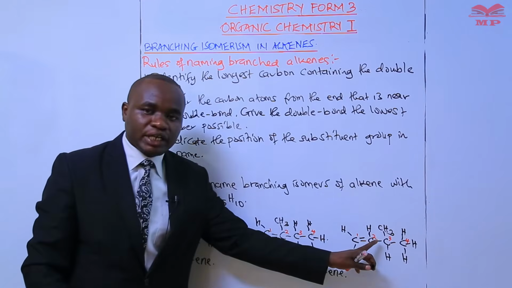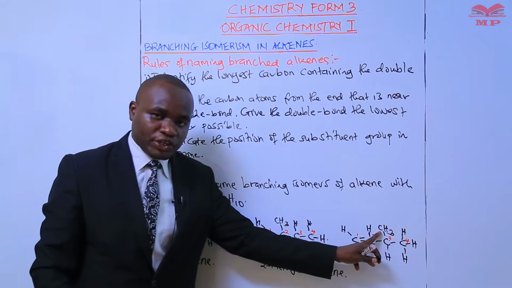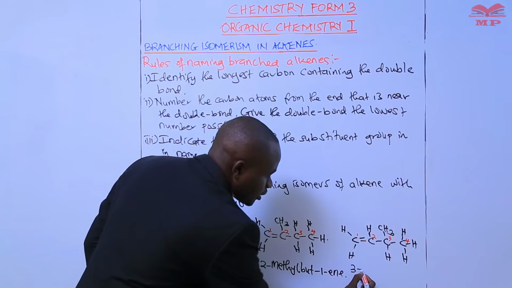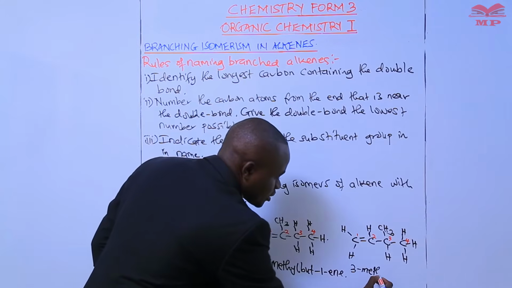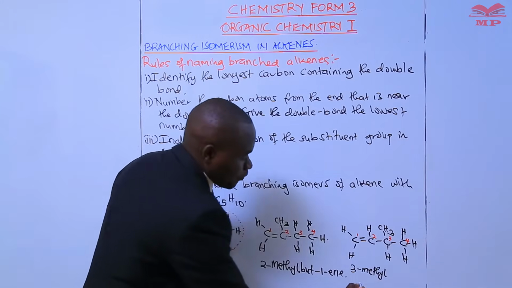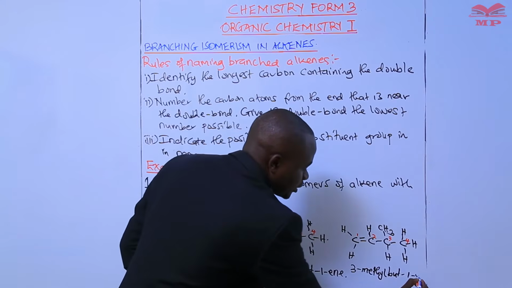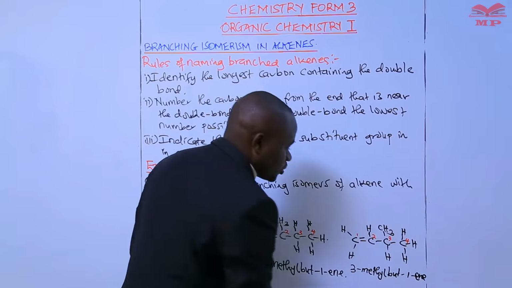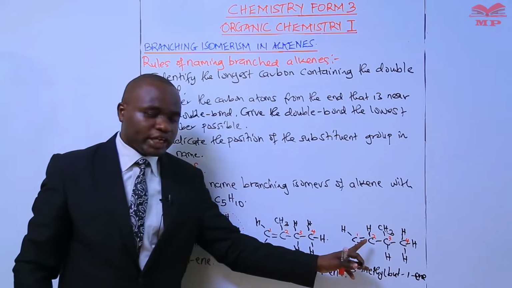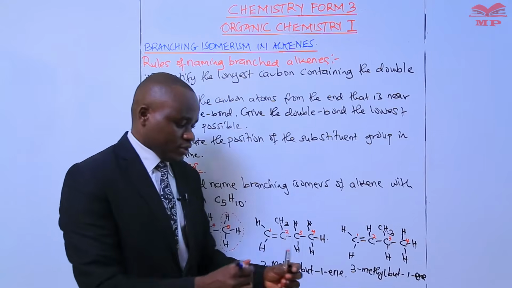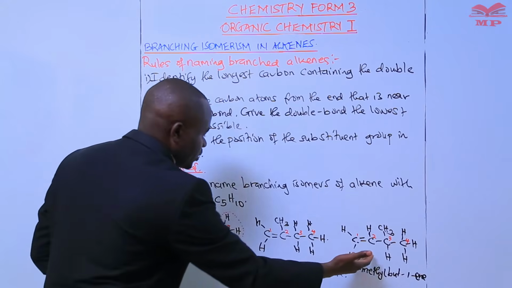And then we have a methyl attached to carbon 3. So therefore the name will be 3-methylbut-1-ene, because the double bond is between carbon 1 and carbon 2, but we give it the lowest number. So therefore these are the isomers.